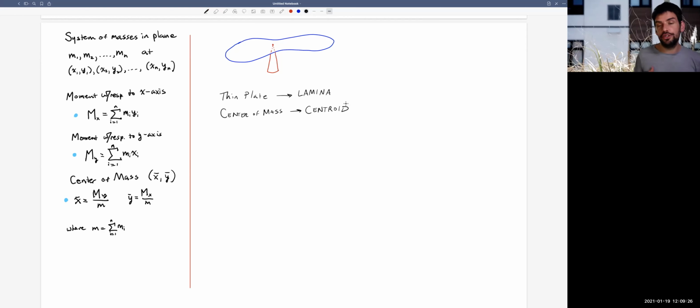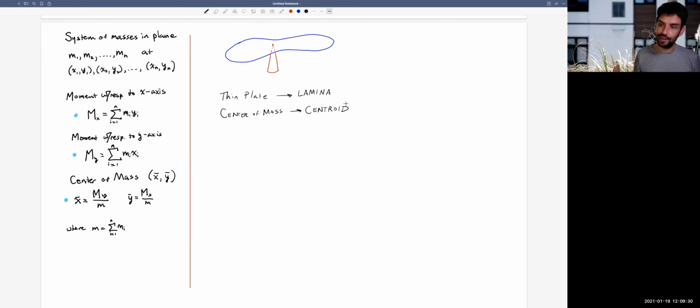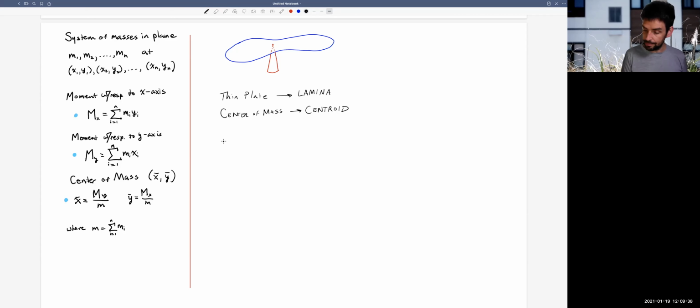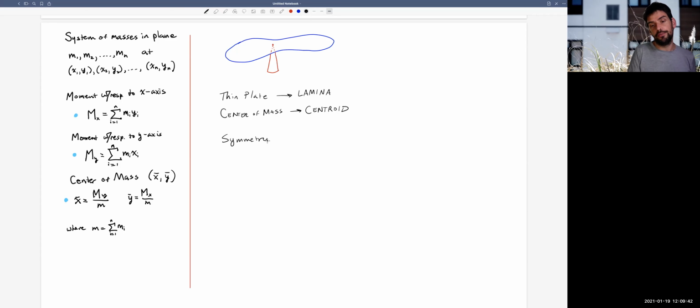And we're going to use something now that I'm going to present without proof. This, I think, will be pretty easy to conceptualize, and it matches pretty well with our intuition. We're going to be using something called the symmetry principle.